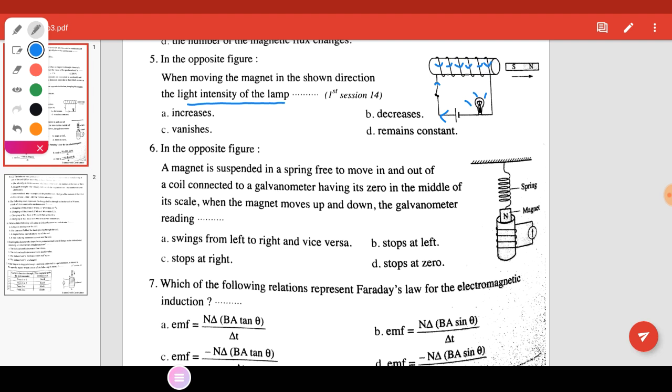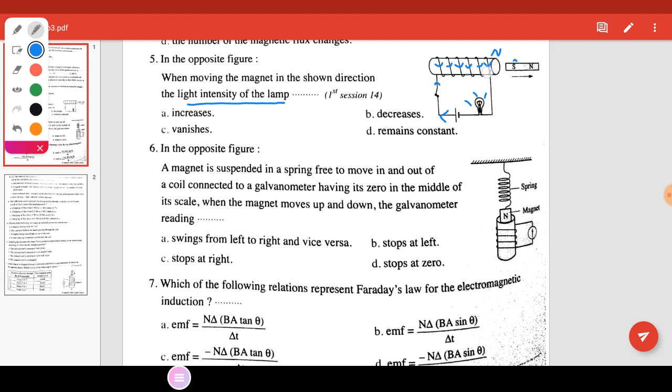This magnet is pulled out. This means that an attractive force is produced. This pole is south, this is south, this is north. The direction of the induced current, according to Ampere's right-hand rule: if the thumb points to the direction of the north pole, the other fingers point to the direction of the current.